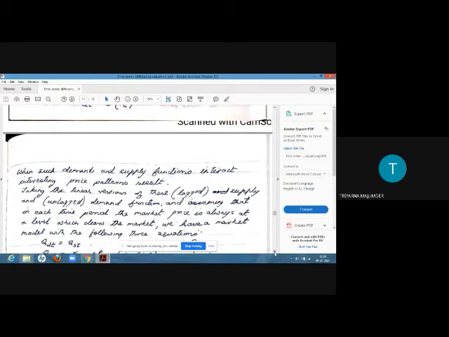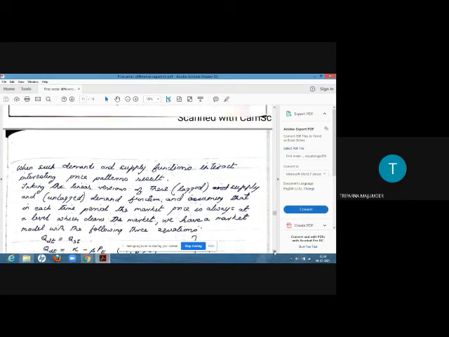Taking the linear versions of these lagged supply and unlagged demand functions, and assuming that in each time period the market price is always at a level which clears the market, we have a market model with the following three equations.